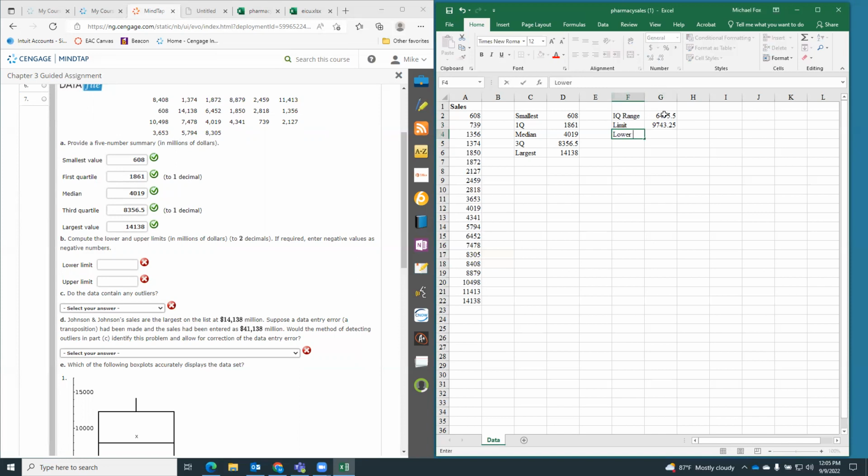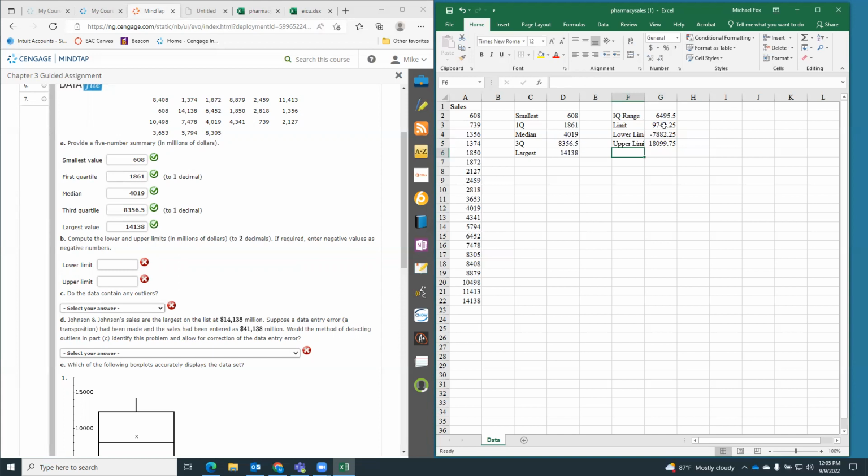Then to find the lower limit, we are going to say it is the first quartile minus the limit. And the upper limit is going to be the third quartile plus the limit.